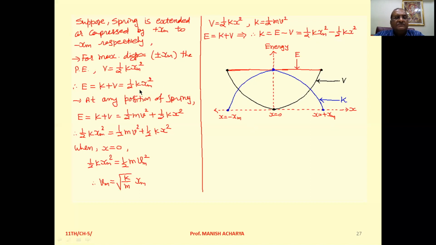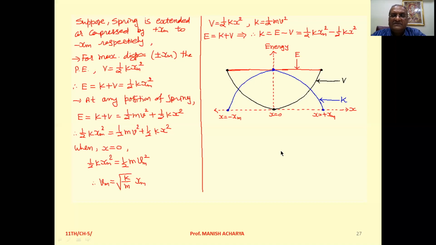But half k xm square is E. So at x equal to 0, your kinetic energy is maximum, and that is equal to E. Now if we substitute x equal to xm, then half k xm square minus half k xm square is 0. So at x equal to plus xm, kinetic energy is 0. Similarly, at minus xm also 0. So the graph of kinetic energy is this blue one. Clear to all of you?